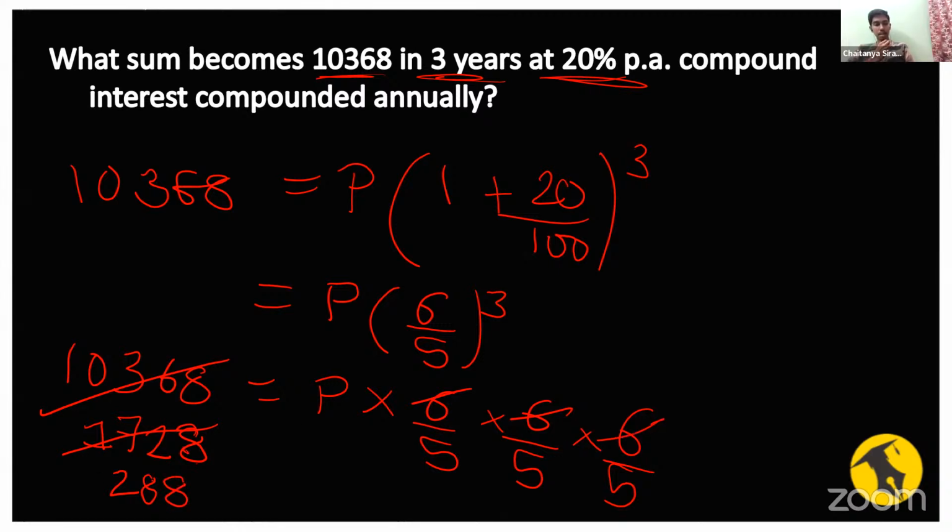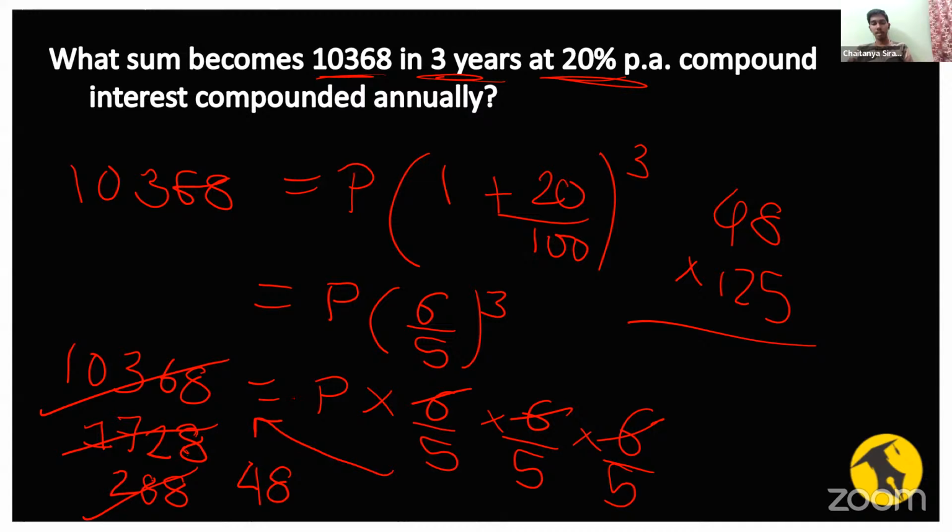And again by 6, it will give me 6 fours are 24, 48 carry, 6 eights are 48. So now you can find 48 into 125, since I'll take 5, 5, 5 on this side. 5 cube is 125. So it will be how much? 40, 20 to 40 plus, simply double it, 840 plus 480.